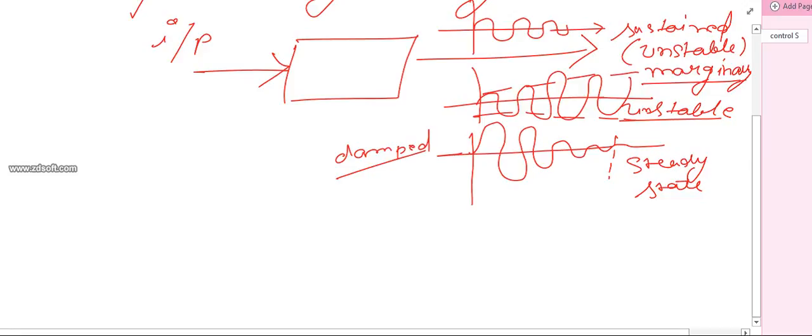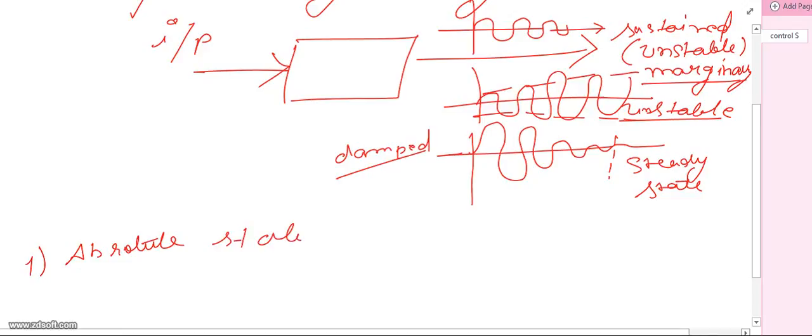So there are various criteria for studying the stability of a system. Basically, we are going to see absolute stability, and the second one is relative.